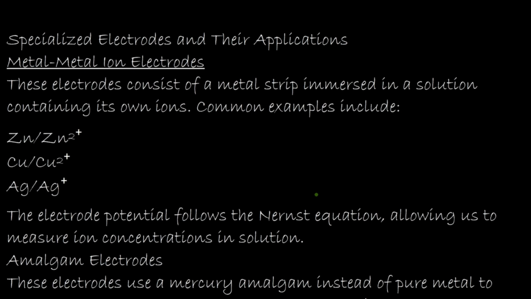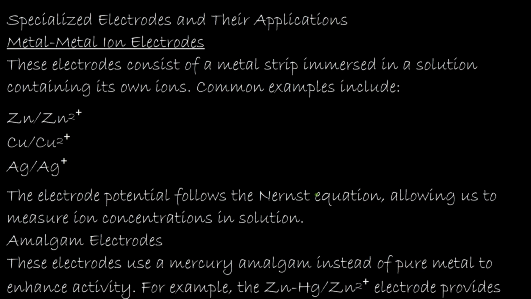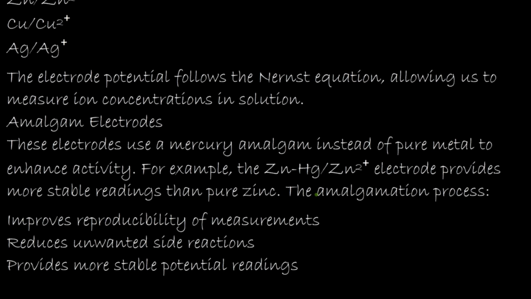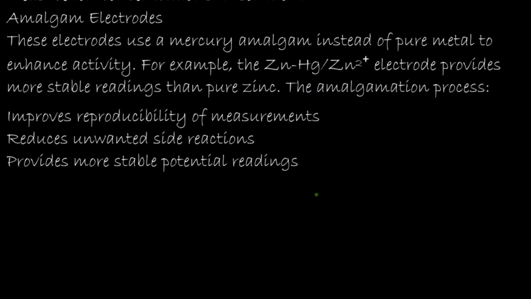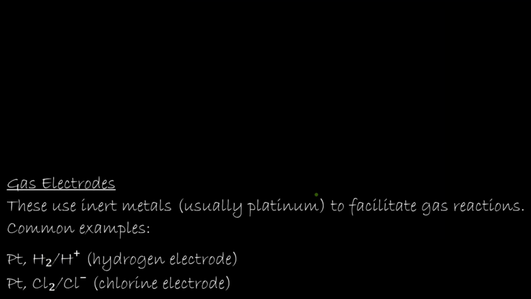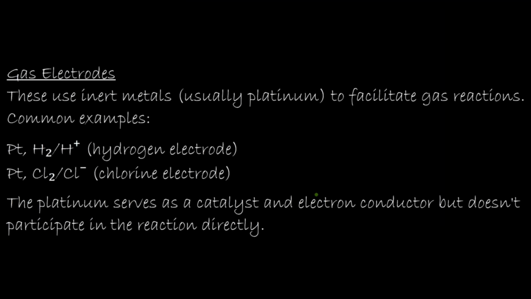So the specialized electrodes and their applications: the first one is metal ion electrodes, zinc, copper and silver. Amalgam electrodes, like zinc amalgam with zinc electrode, provide more stability. And the gas electrodes are used with inert metals to facilitate the gas reactions, mainly platinum with hydrogen and H plus as the hydrogen electrode, Cl2, Cl minus as the chlorine electrode along with platinum.